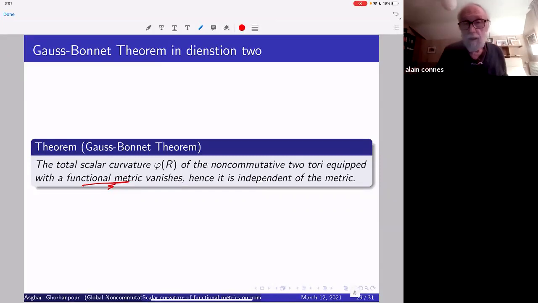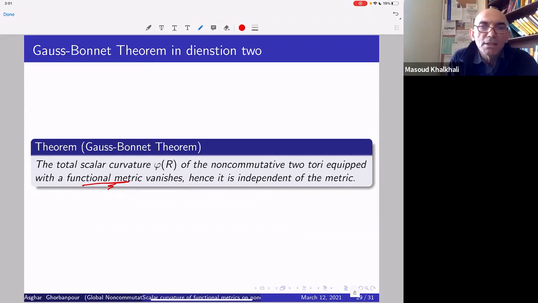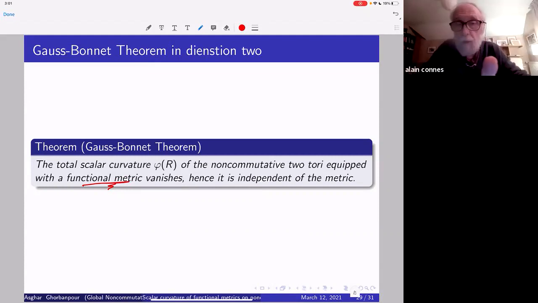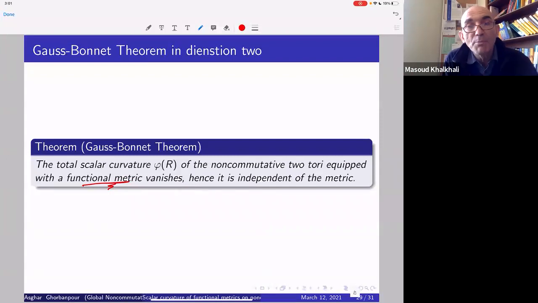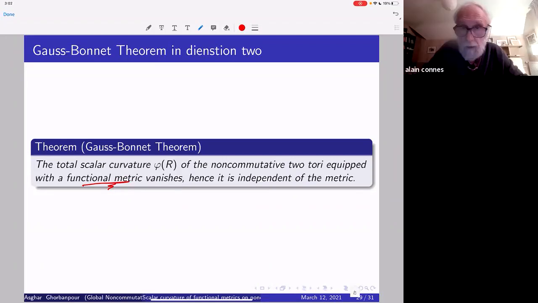One problem with these more general metrics is that when you do things, the algebra of differential operators in this case, like the Laplacian, there is no standard form for elements. But wait, Masoud, can't you use a metric as defined by Jonathan and define the adjoints?